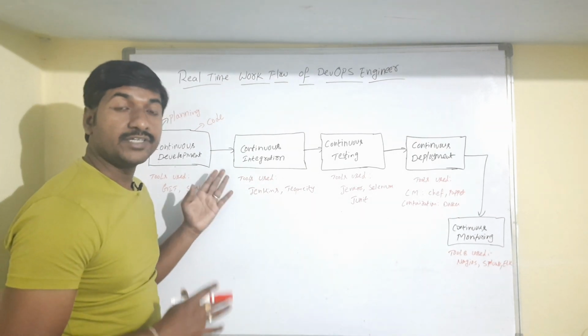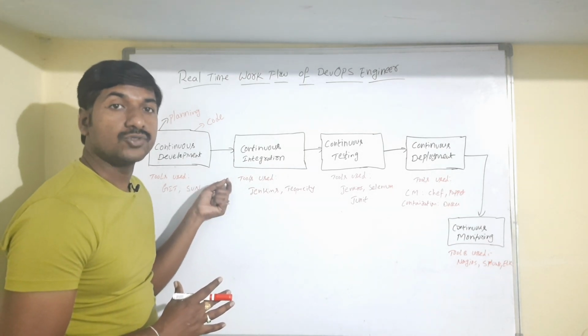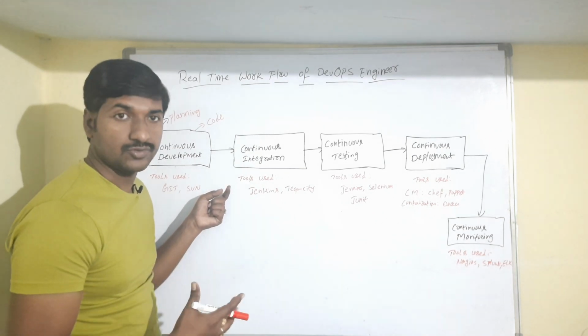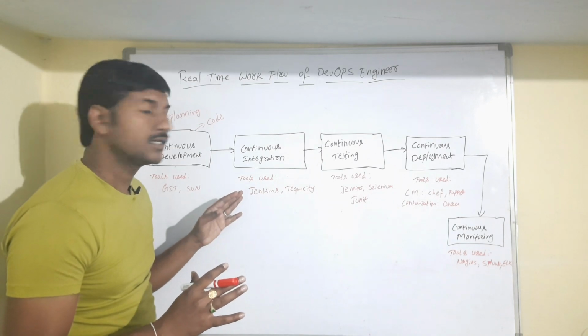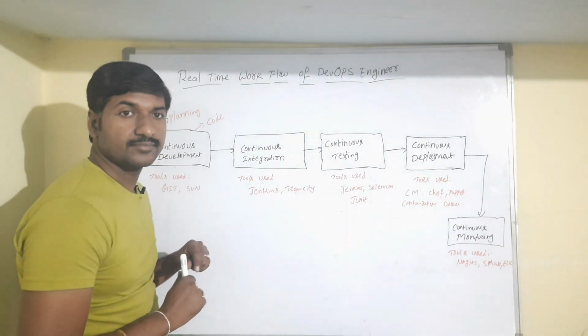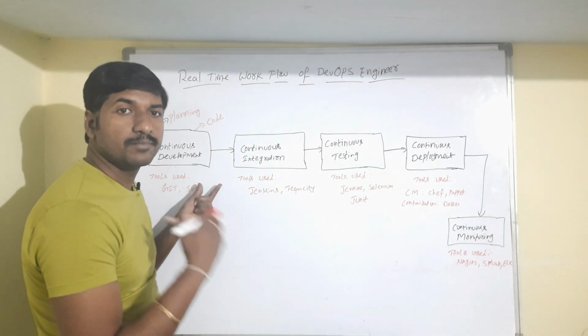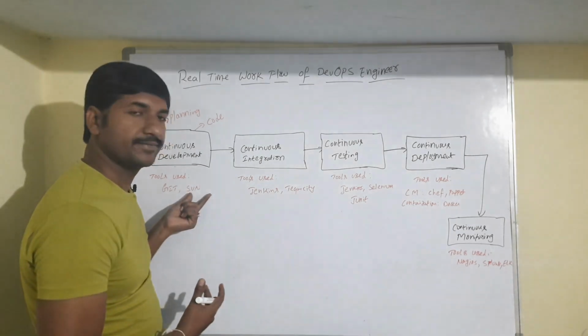So at the end of each day, the developer would commit their base code to the repository through Git or subversion control. The most extensively used version control is nothing but Git. So once the code is developed, then we have to push that code into the repository by using Git.